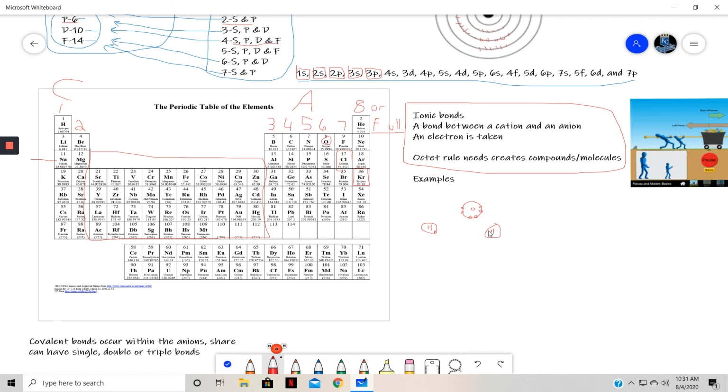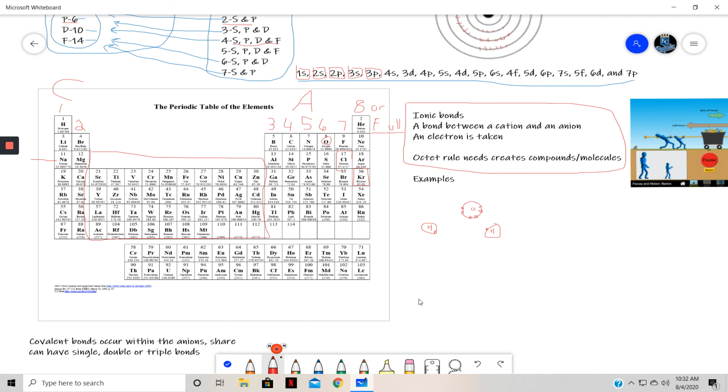Here's another hydrogen atom, and it's got 1. So when these 2 hydrogens bond with this oxygen, not only do they make a molecule of water, but because these 2 additional hydrogens have been added to the oxygen, it has a full outer shell, because it's got 8. So that's the idea of what we're trying to look at here.